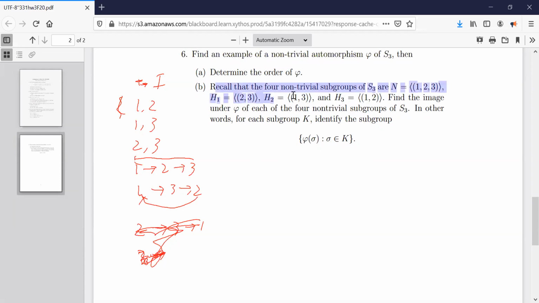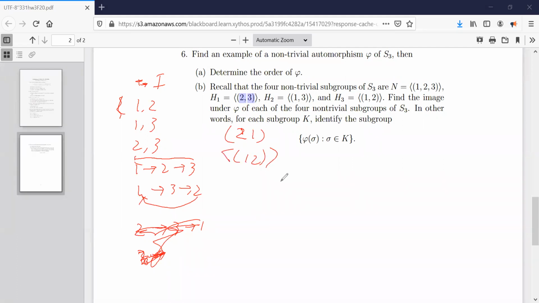So recall for non-trivial subgroups, let's say I pick 1, 3 as my subgroup. Then in this case, I would replace it with dealing with the group 1, 2. If I switched 1 and 3, then I would now be dealing with 2, 1, which we normally write as 1, 2.